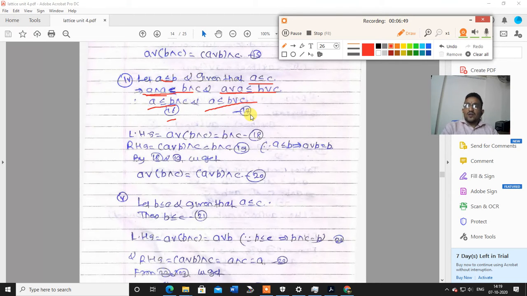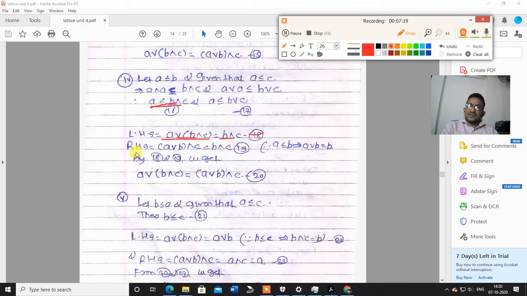Okay, so LHS here again. What is LHS here? A join B meet C. Okay. आता here what is B meet C here again? As A is related to B meet C, so by equation 16, as A is related to B meet C, therefore you can say that the join of A and B meet C is equal to B meet C. Say the equation 18.